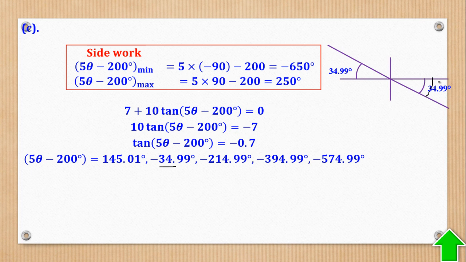The second one is from here up to here, which is negative of, in brackets, 180 plus 34.99 to give you this. Then the next negative angle would be from here all the way up to here, which is 360 plus 34.99. But it's negative, so it is that.